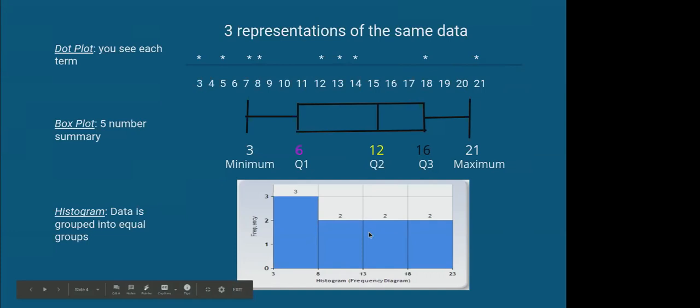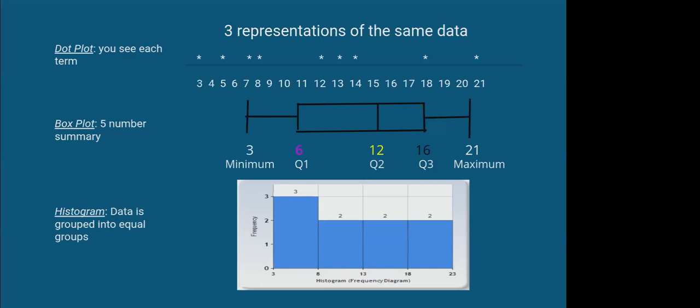The data is grouped into equal parts, or bins, we call them. So they're divided into equal bins. And the strength of the histogram is you can use it with large sums of data because, again, you are grouping them.